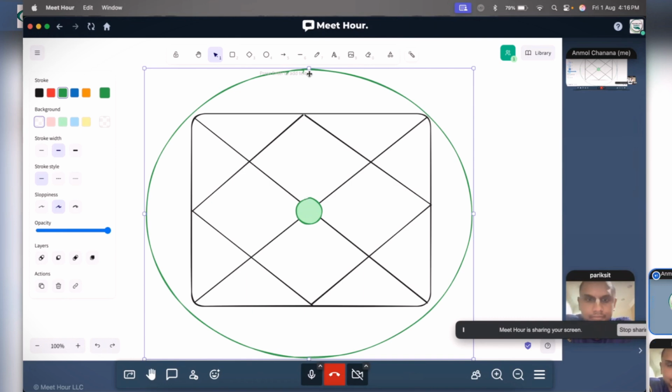And this space is divided. You know the math, right? The circle is 360 degrees.